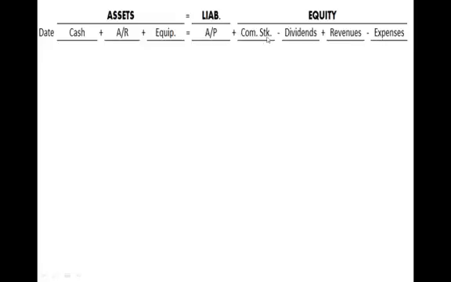We've got our common stock. Then we have our dividends, and the minus sign reminds us that dividends decrease equity. Common stock obviously increases it. Dividends decrease it. Revenues increase it, so there's a plus, and then expenses decrease it. So all of our expenses will go in the expense column. Every time we have an increase or decrease in cash, it'll go in the cash column, and so on and so forth.